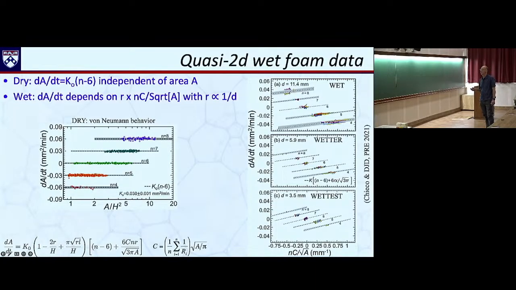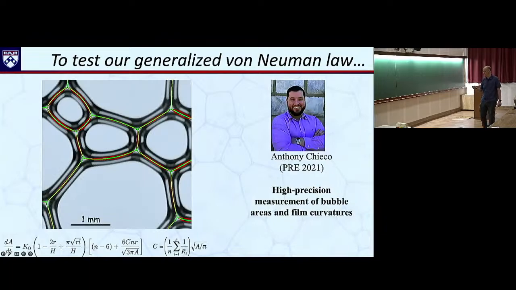Here's Anthony Kieko, who finished his PhD around 2021, stayed on for a postdoc for a little while, and made some great measurements of exactly this effect. Here's a zoom in of one of his pictures with his analysis of the curvature of the plateau borders.